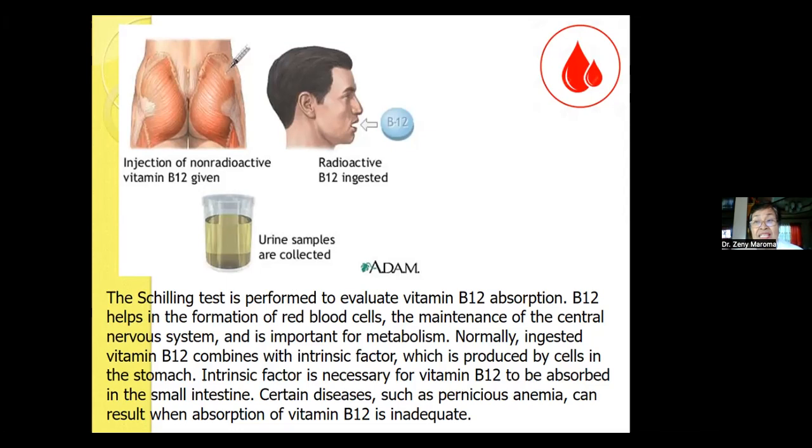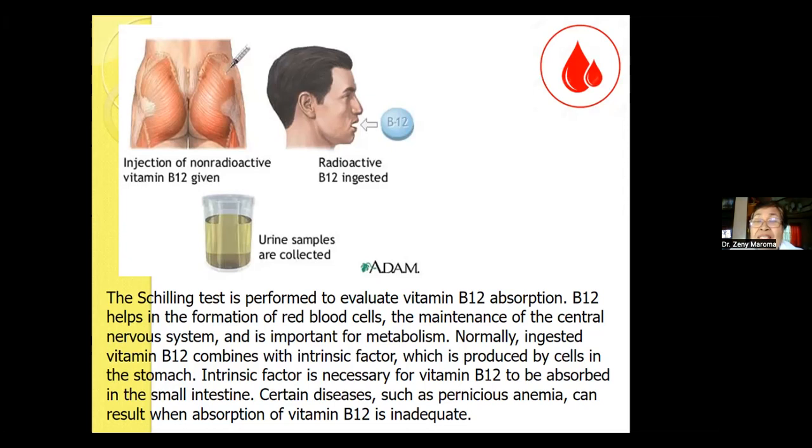Kaya definite test to determine vitamin B12 absorption before and after administration of intrinsic factor. Kung hindi na-absorb ang vitamin B12, nasaan lang ang vitamin B12? Nakatenga lang siya sa GIT at ilalabas in the stool pag may pernicious anemia. Okay? Tatandaan. Paano ulit?